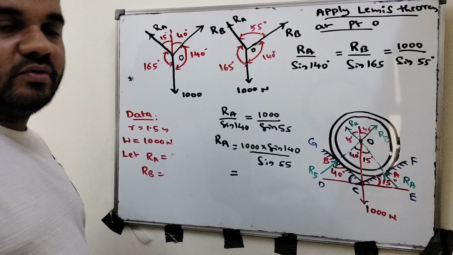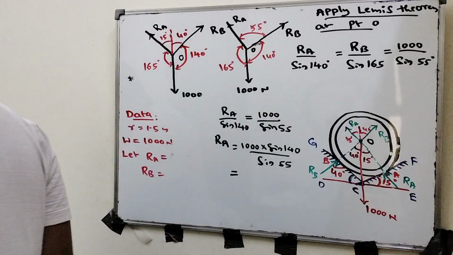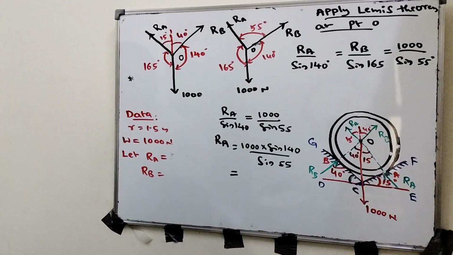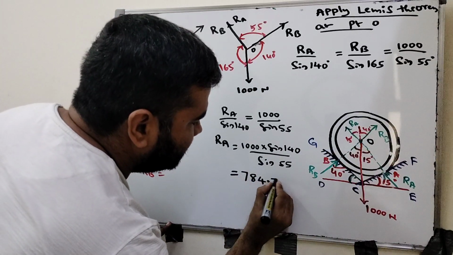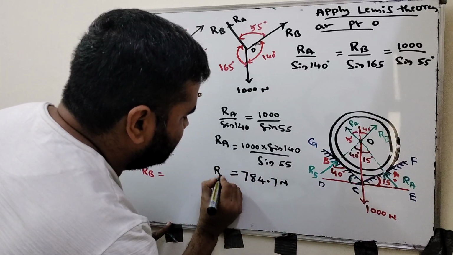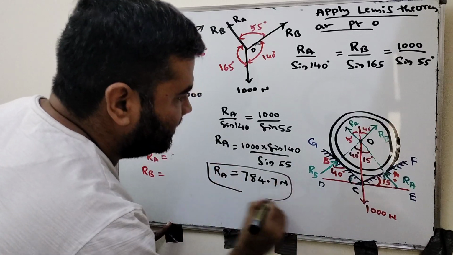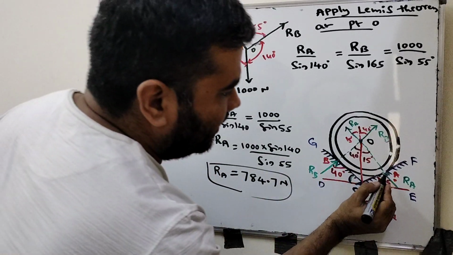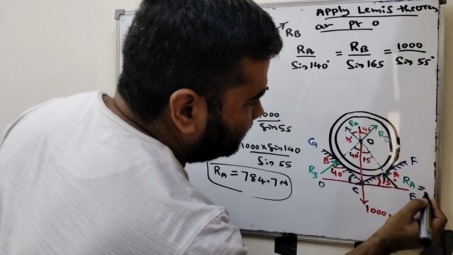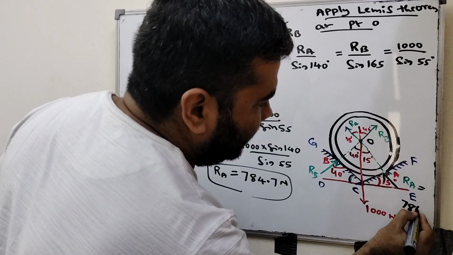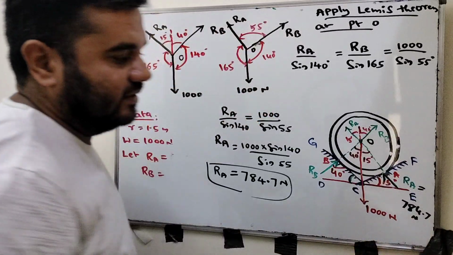Substitute and calculate. Therefore RA after simplification is 784.7 Newton. This is the RA reaction here, equal to 784.7 Newton.